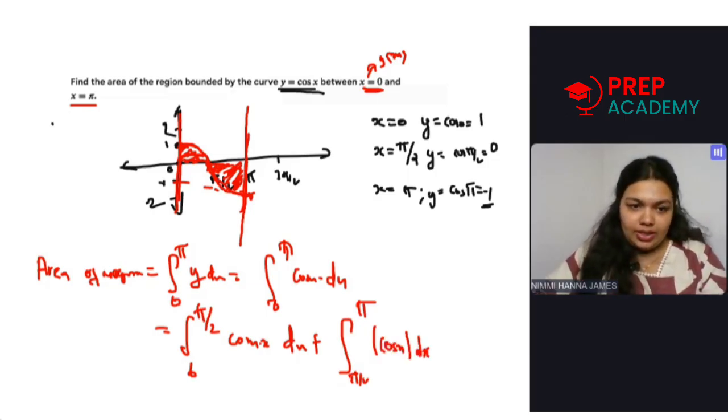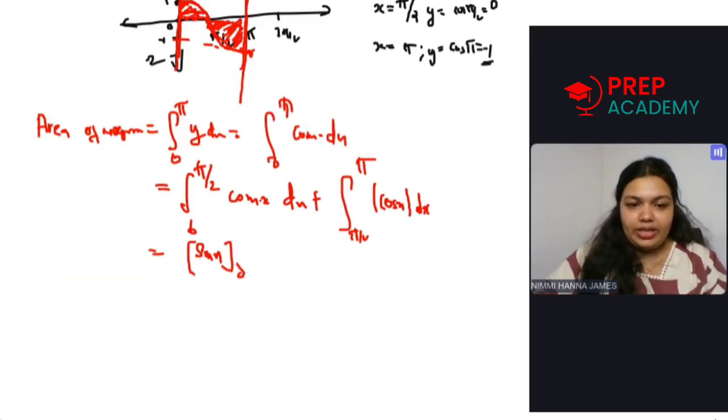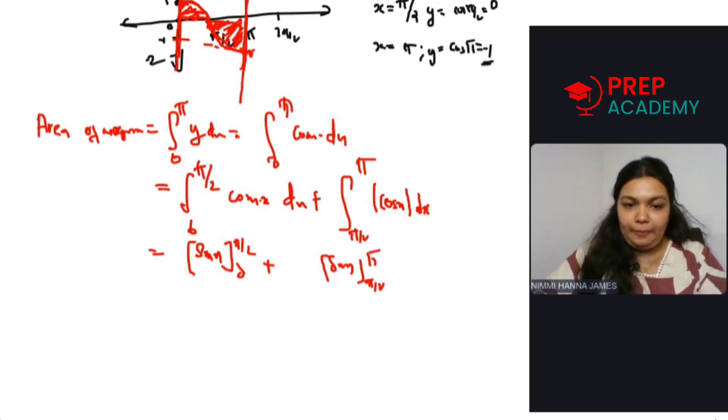Now the integral of cos x is sin x. Applying the limits, that is 0 to pi by 2, plus here also sin x, from pi by 2 to pi.